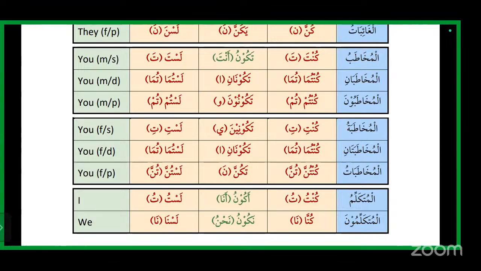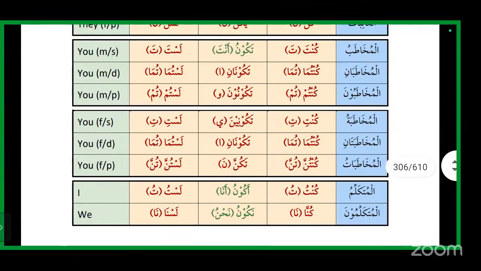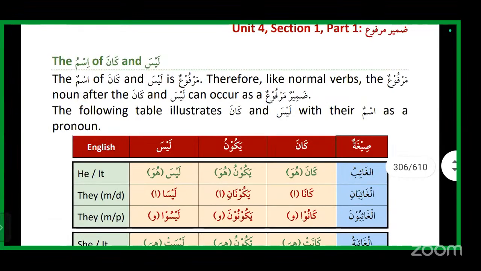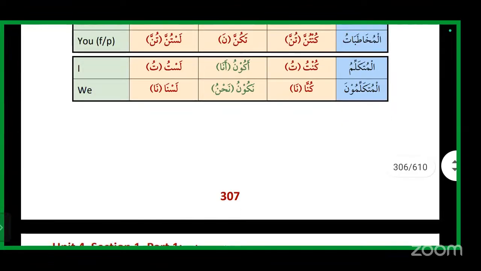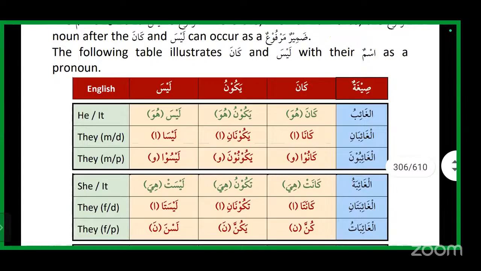We cannot say laysa yalusu or yalasu or yalisu. That's not possible. Do you have any questions on this chart? No. Moving on. Because we have learned this already in our Al-Mustarf, we don't need to emphasize it more.